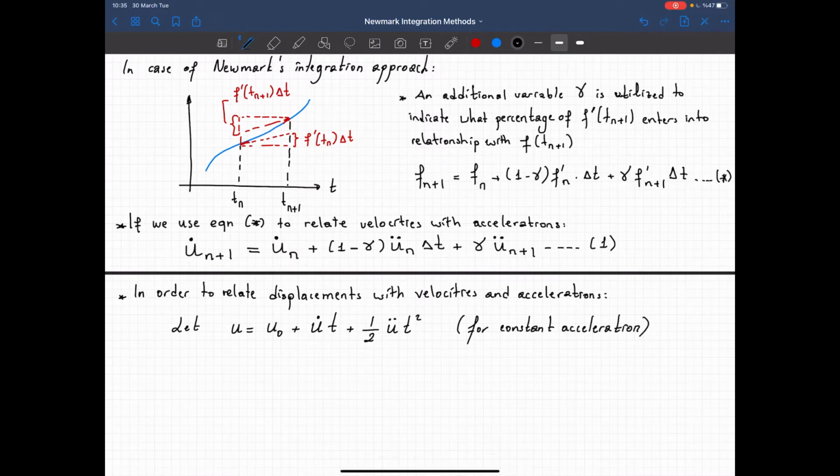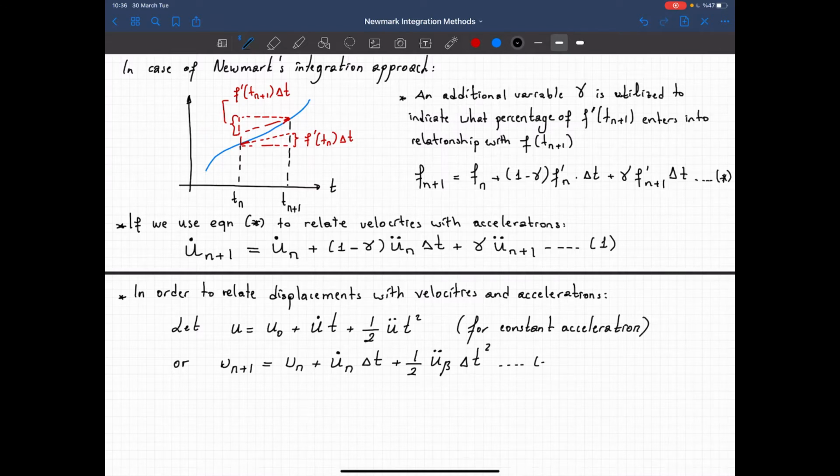I can write that equation in discrete form in the following manner: u n plus 1 is equal to u n plus u dot n multiplied by delta t plus 1 over 2 u double dot beta multiplied by delta t squared.